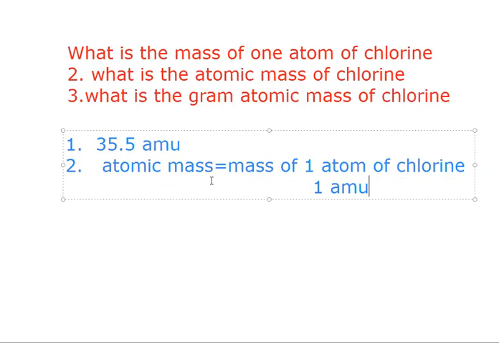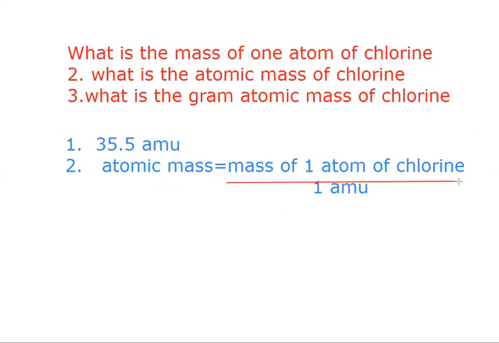We have devised the formula now, 1 AMU is 1 upon 12 of the mass of the carbon atom. So we can use this formula here. What will be its atomic mass?